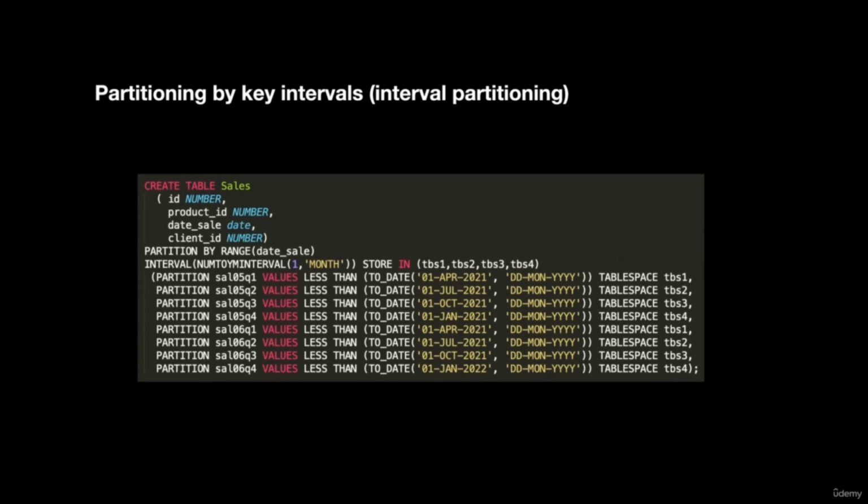This usually means that the DBA creates partitions on a schedule, preparing them for data storage for the next month or next weeks. With interval partitioning, the database will automatically create partitions when there is new data that does not fit into the existing partitions, based on a rule specified by the database administrator.